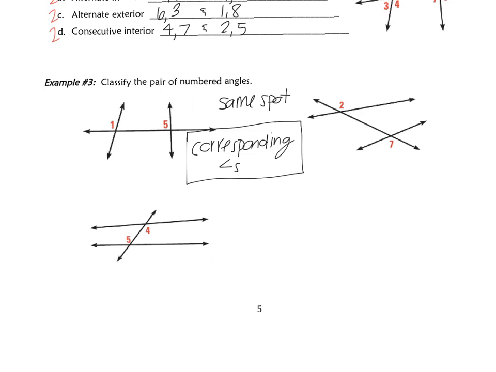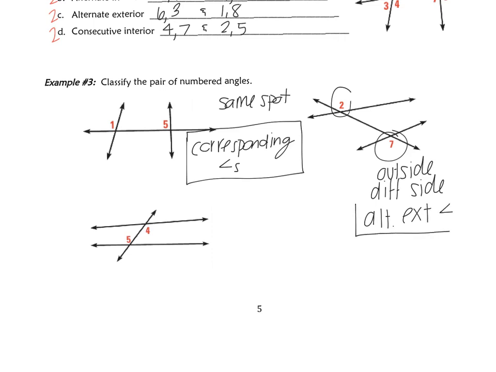Hopefully you had enough time. The one on the right, angles 2 and 7, are both outside on opposite sides of the transversal. So I'm going to write outside. This is for me. Different sides. So that means they're alternate exterior angles.